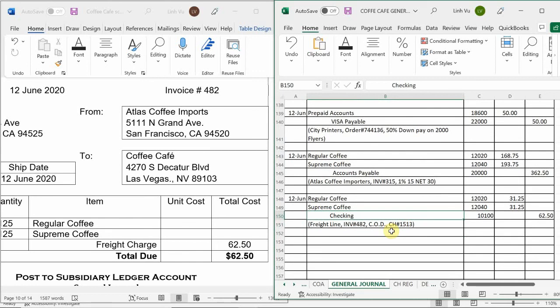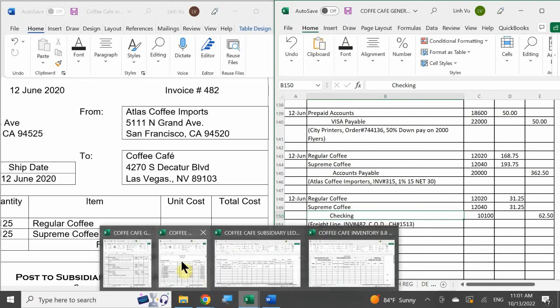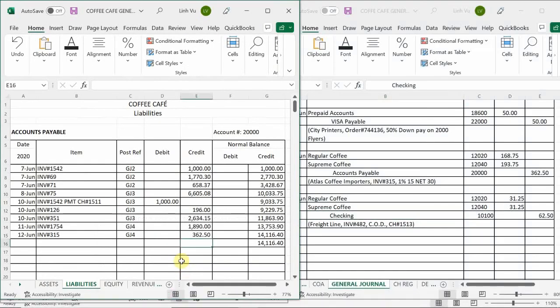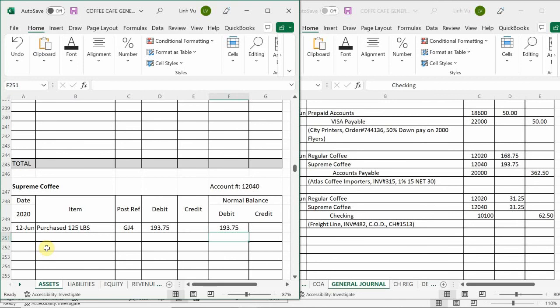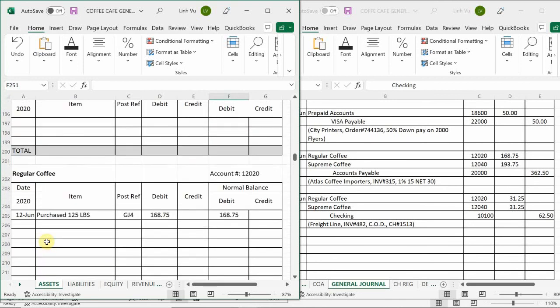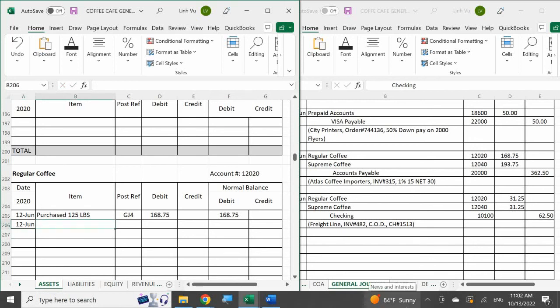Right. So now that I finished my journal, I need to post it to my ledger. Because now I increased my inventory because I have to include the shipping cost. So in this case, I need to go to my regular coffee and identify that I included the cost of freight, or my shipping cost, in the price of my inventory.